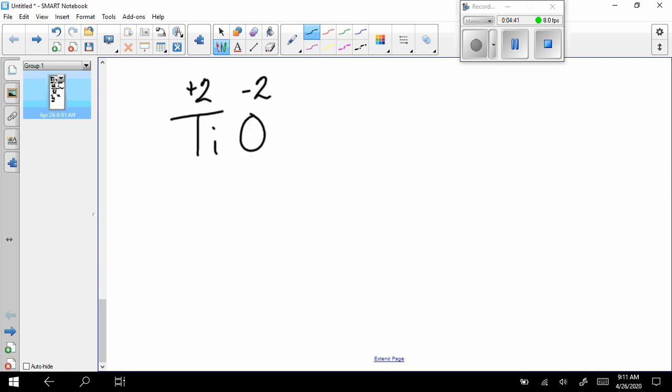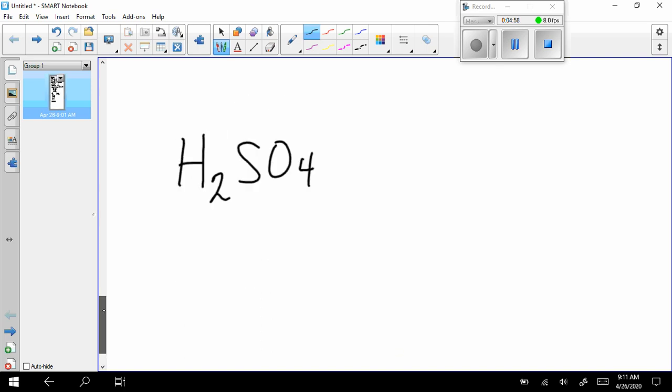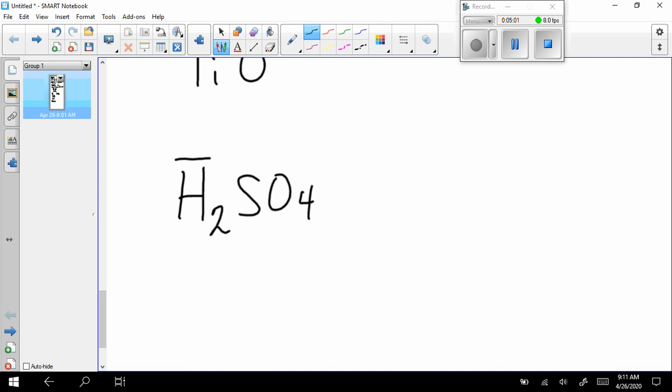Now what happens when you have more than 2 elements in your compound? Like H2SO4. This is where you have to do a little bit of algebra. I'm trying to find the oxidation number of H, of S, and of O. H at the beginning is most likely to be a positive one because it's on the left side, and usually whatever we put on the left is our positive, especially since I know oxygen is negative.